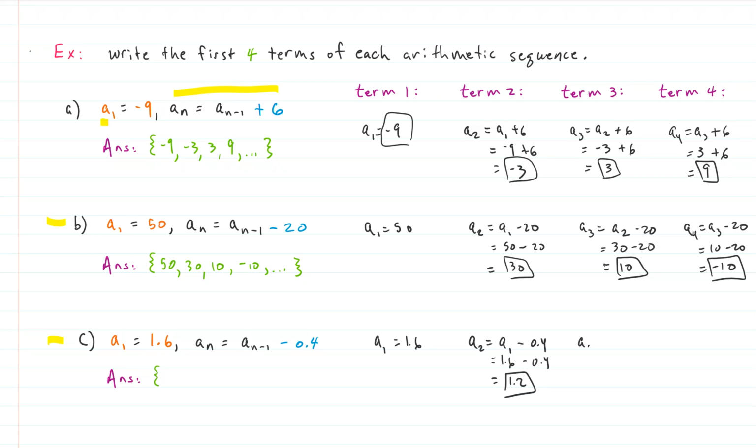And now a sub 3 is a sub 2 minus 0.4. A sub 2 again was 1.2, and we subtract 0.4, and we get 0.8. And then finally a sub 4, which is a sub 3 minus 0.4.